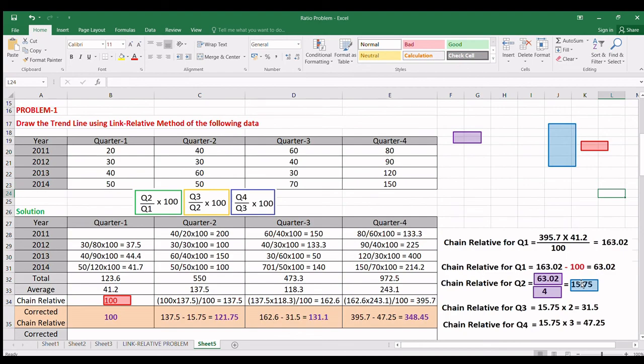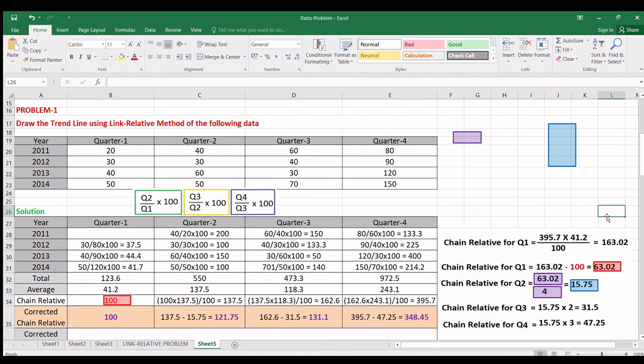In quarter 1 chain relative I got the value 63.02. If you are able to see here, instead of 100 the value is 63.02. Now I'm not going to replace the 100 with 63.02. I'm going to keep the 100 as it is, whereas I'm going to make the changes with respect to 100 into quarter 2, quarter 3, quarter 4, because my 100 is my assumption.